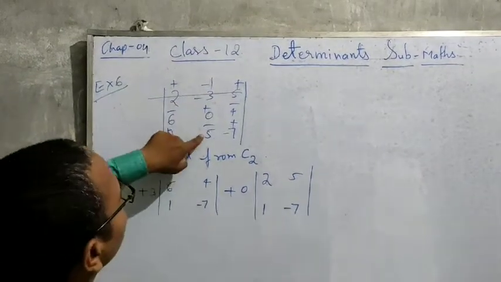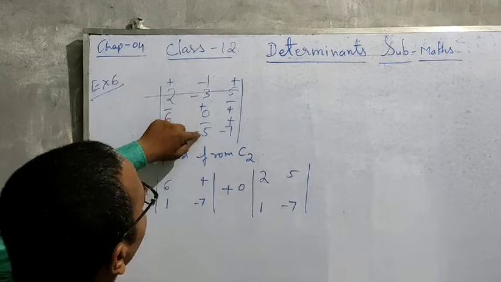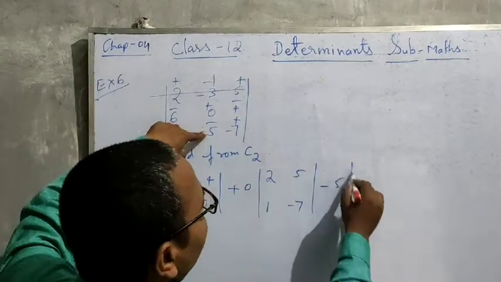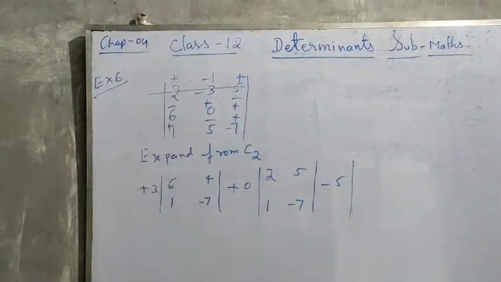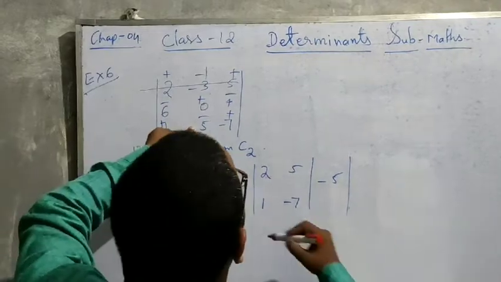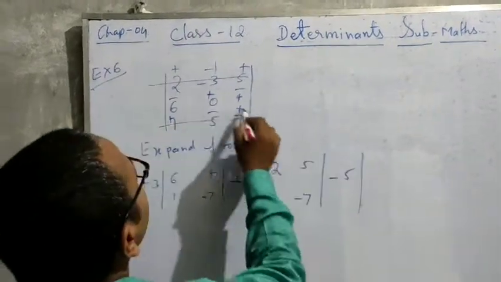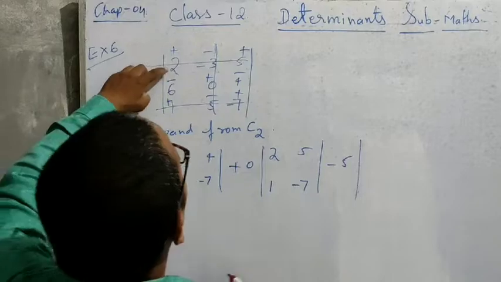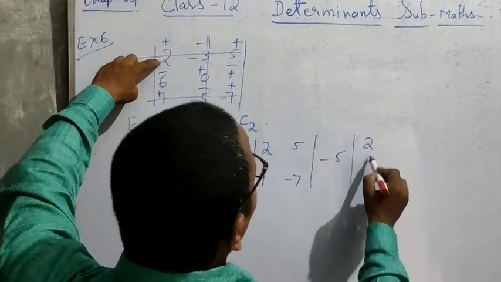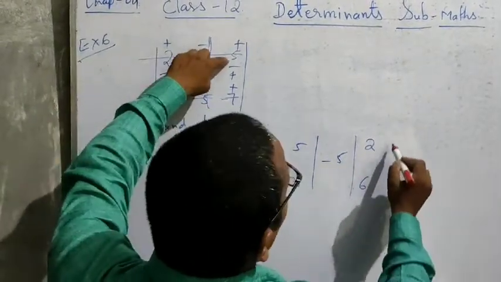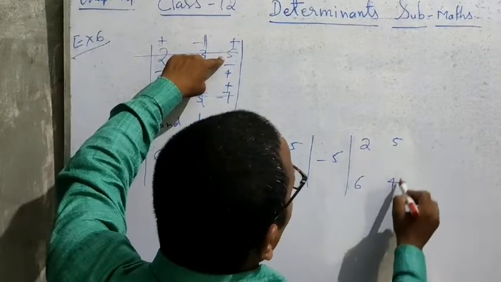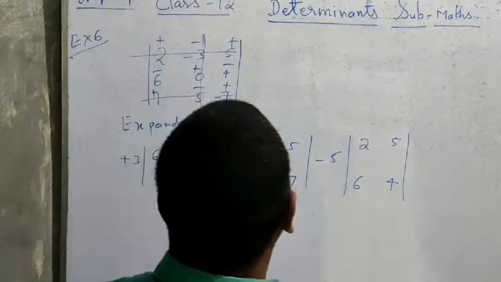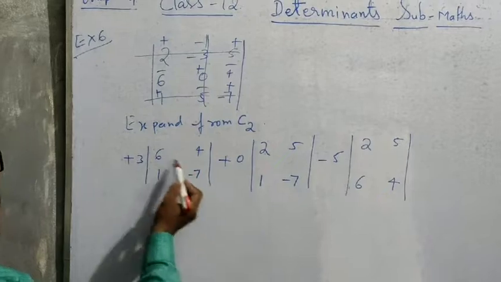Now with this sign we take negative, that is minus 5. We leave out these portions, and the value in the determinant we get is 2, 6, 5, 4. Now do the multiplications.